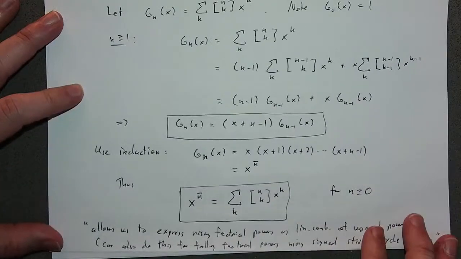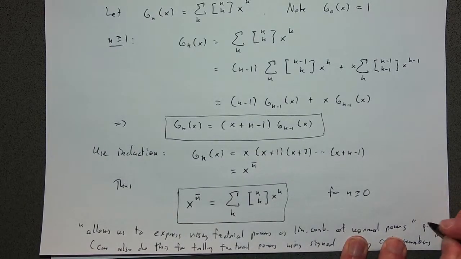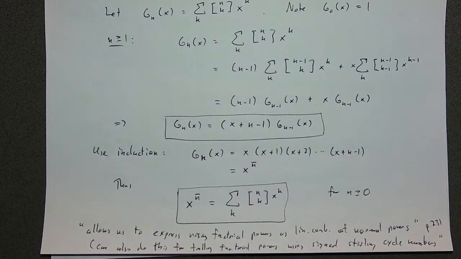But I'm not going to do that. You can look that up. That last thing I mentioned is on page 231. This is exercise 7 if you wanted to have a look at it. So that is that.